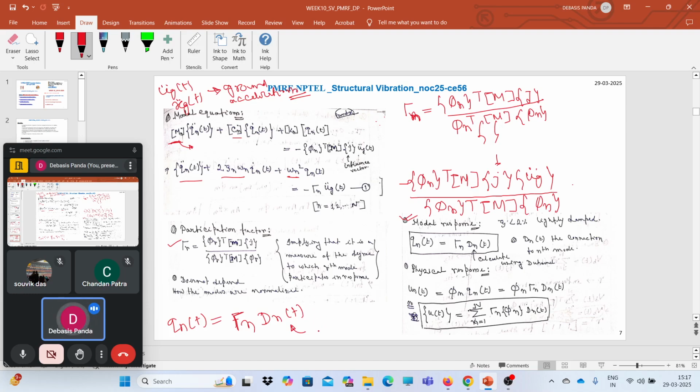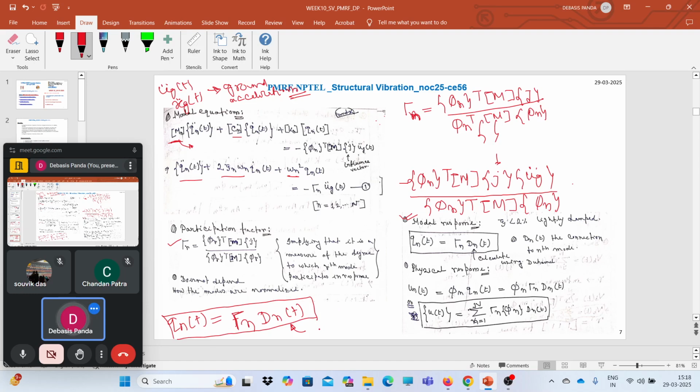We can easily calculate it using the Duhamel integral or the Wilson theta method. So the modal response ultimately comes as qn equals the participation factor into dn. That means the generalized coordinates in that particular mode.